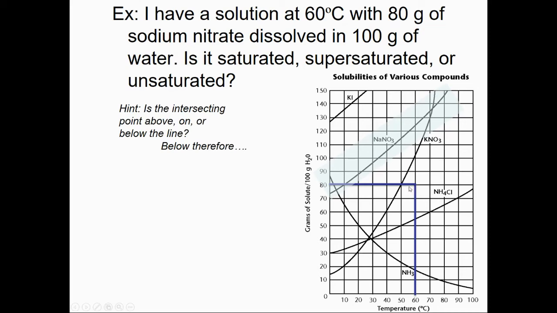Is the intersecting point above, on, or below the line? It's below, therefore this is an unsaturated solution. That means you can still add more sodium nitrate at 60 degrees and still dissolve. You can add all the way up until you get to this point, which is like, what, 125 grams? And you've got 80 grams? You can add 45 more grams of sodium nitrate before you saturate your solution.